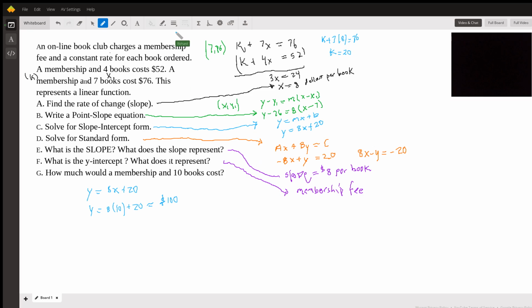I always encourage students to also think visually, and for some people this is extremely helpful. We can think of this as books here, and then the total cost here.